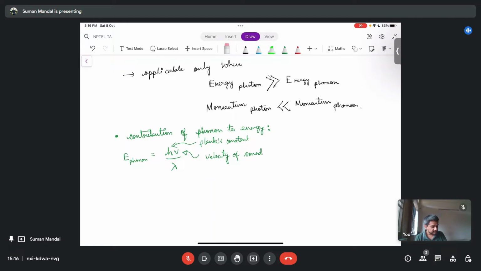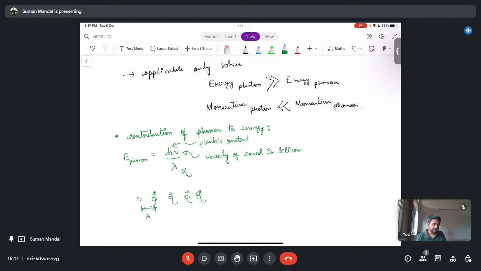Velocity of sound in silicon, because we are solving for silicon. And the wavelength, because these are matter waves, so there are atoms everywhere, like a lattice, and all of this will vibrate, right? So we can say that approximately the lattice parameter is the wavelength.